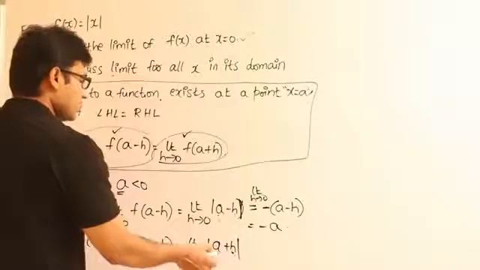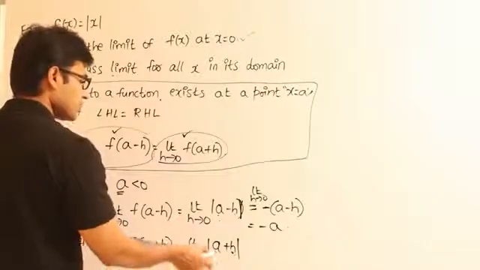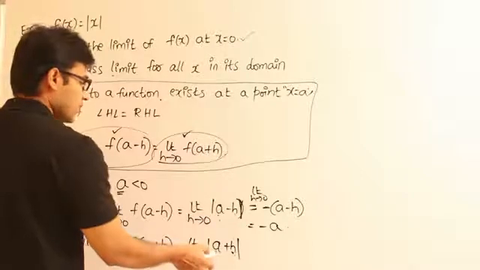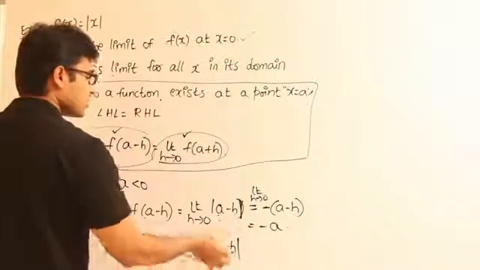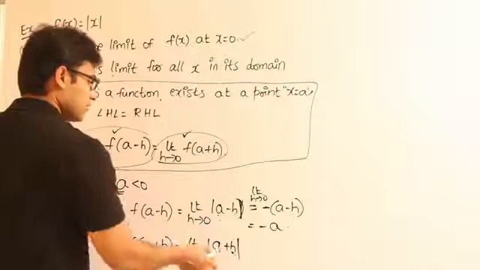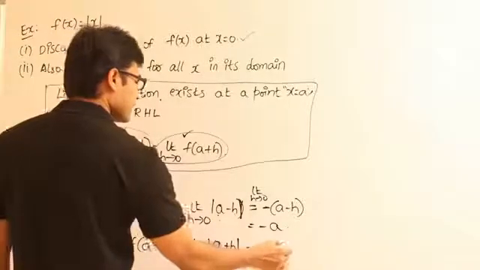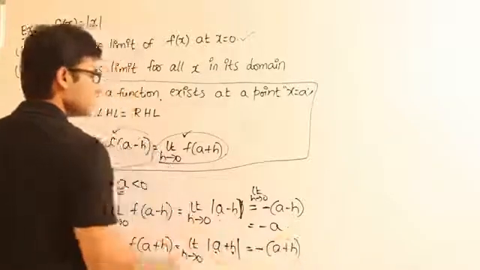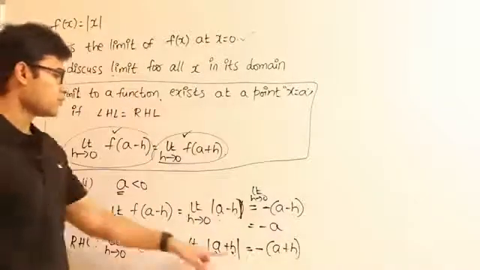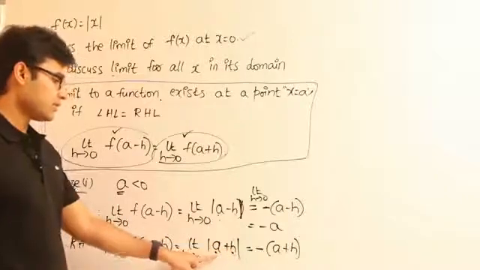See, the only way you can make this positive is when a is very, very small, and when you add h it becomes 0, isn't it? Even then the same thing will occur. See, h is a very small number and a is a negative number.